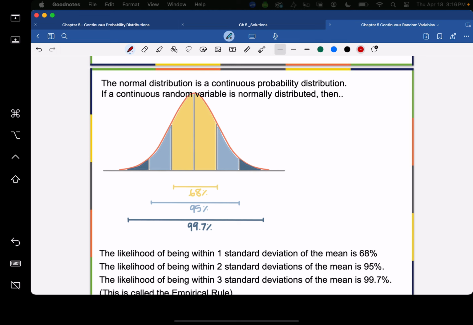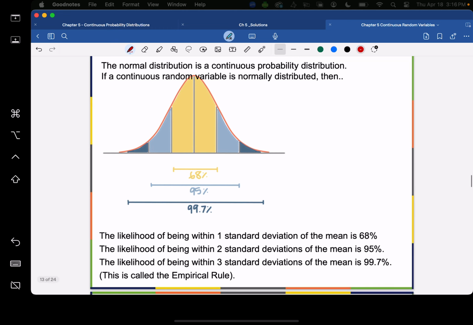The normal distribution, so here we go, the bell curve, the normal distribution is a continuous probability distribution. If a continuous random variable is normally distributed, then here comes the empirical rule. The likelihood of being within one standard deviation of the mean is 68%. So this is one standard deviation away from the mean, and again, the mean is right there in the middle.